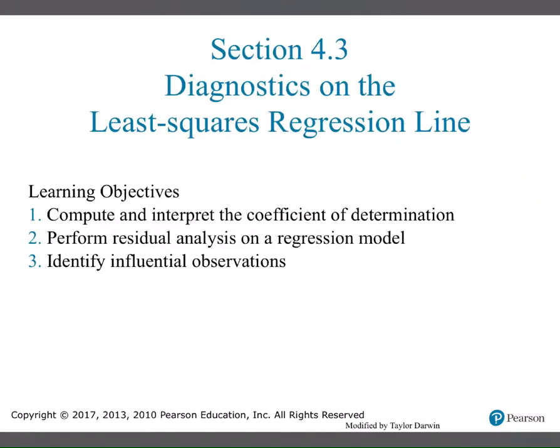Okay, 4.3 talks about basically how we know that our models are good, so we can look at diagnostics on the least squares regression line. We're going to talk about what the coefficient of determination is, perform a residual analysis on a regression model, and look at influential outliers.